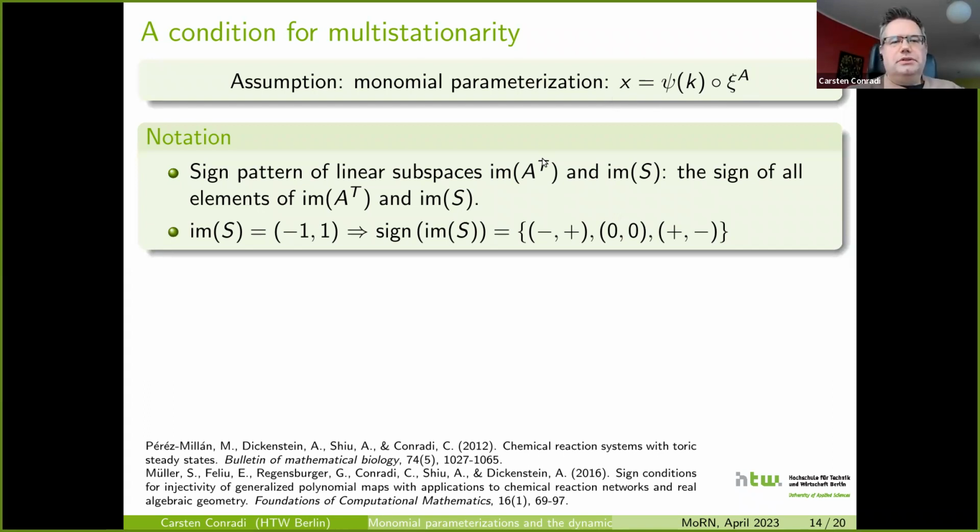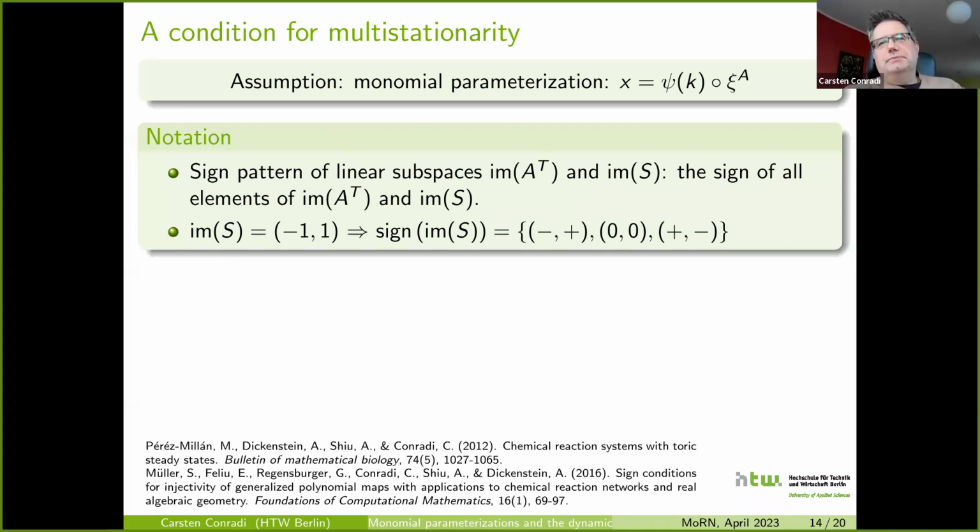And to state the conditions, we'll need a sign pattern. We will need to define what we mean when we talk about sign patterns of a linear subspace. So the idea is that if you have a linear subspace, even though it contains infinitely many vectors, it intersects only a finite number of orthants.